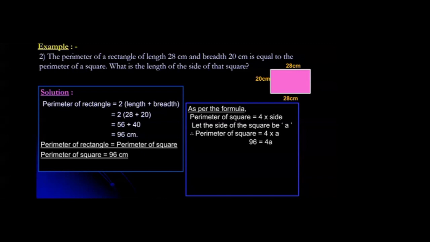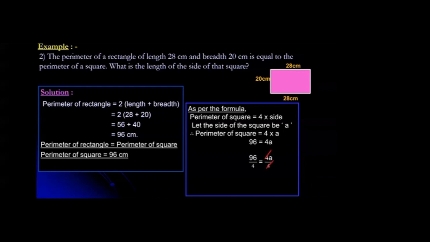And here you can see with the variable 4 is there, and the mathematical operation multiplication is there. So we are going to divide by 4 on both the sides, on left hand side also and on right hand side also, to equalize the equation. So it will be 96 divided by 4 equals 4a divided by 4.